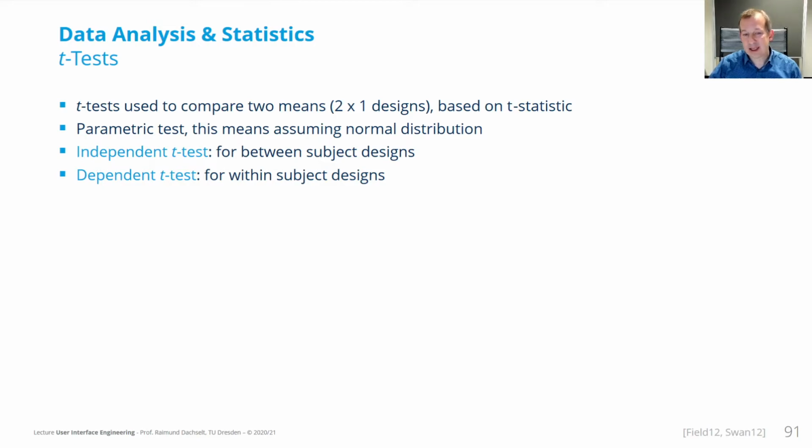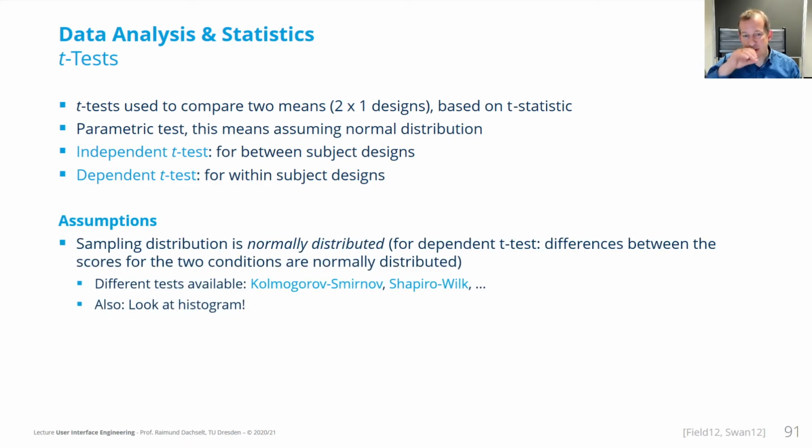And if you have a between subject design, that means if the subjects are only doing one condition, then you have an independent t-test. And if you have a within subject design, that means if all subjects of your study or participants do the conditions, then you have a dependent t-test.